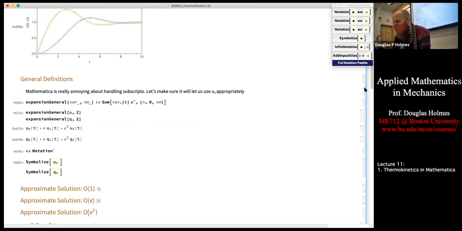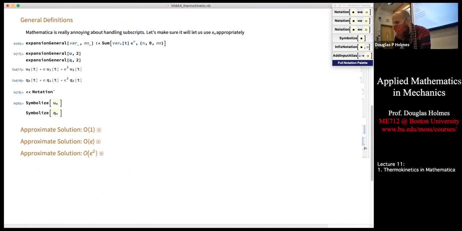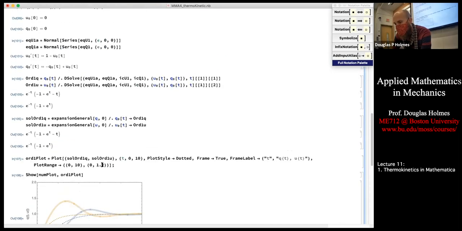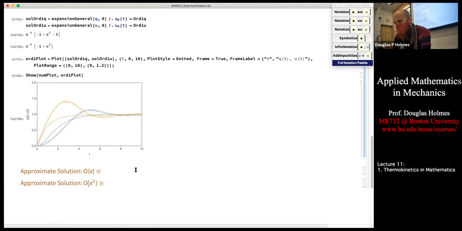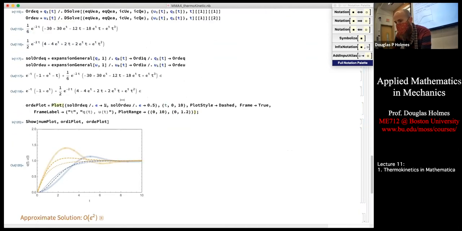I'm going to run all 3 of these, but I have to change one thing for each one, which is that when I plot it, I have to tell it to plot with epsilon is 1.